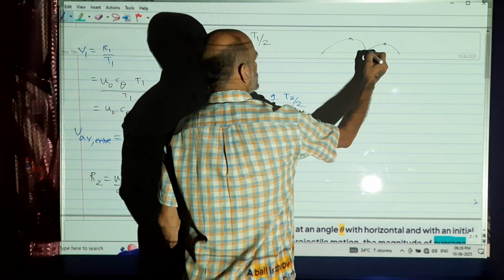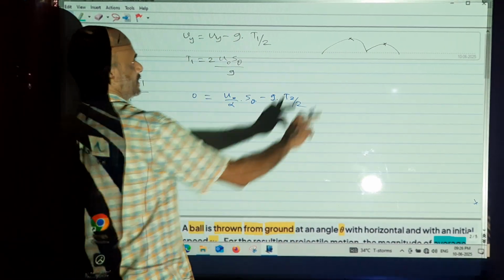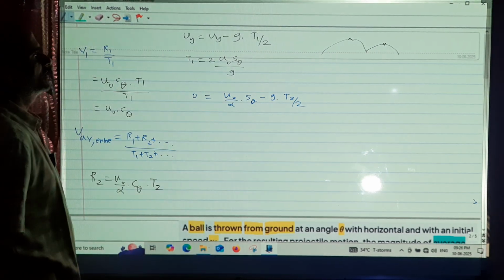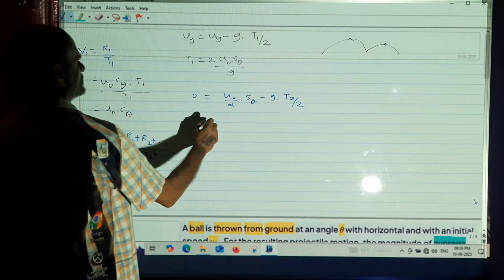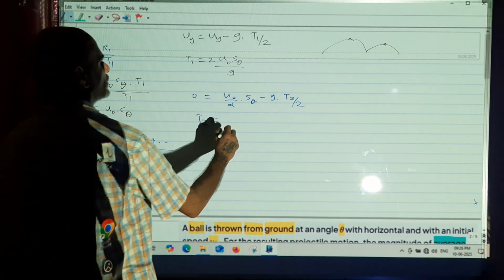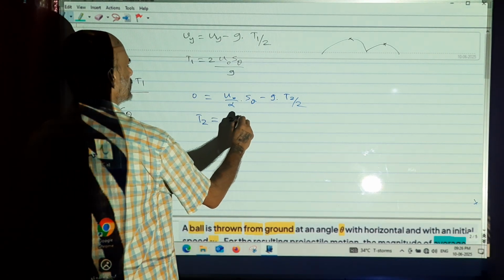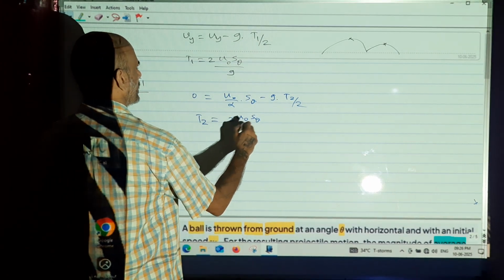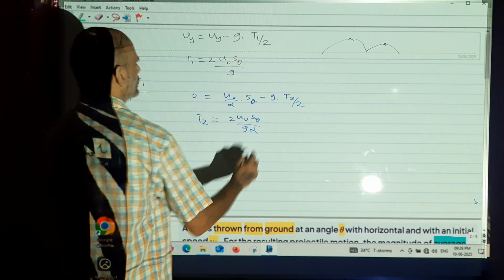At this point, the velocity is u naught by alpha. Y component is sine theta. Okay, so from this I'll get T2 as 2 u naught sine theta by g into alpha.